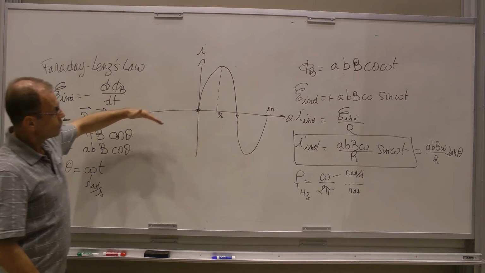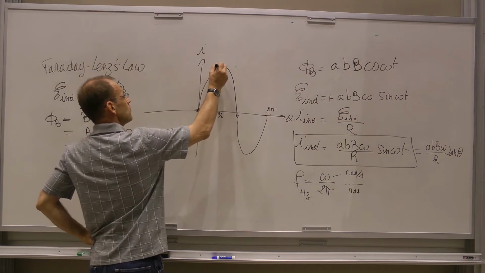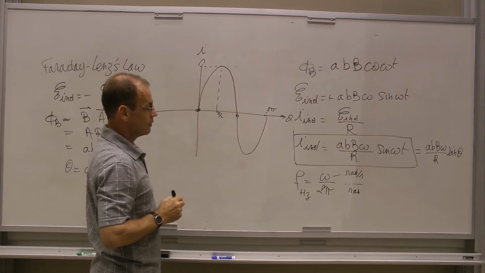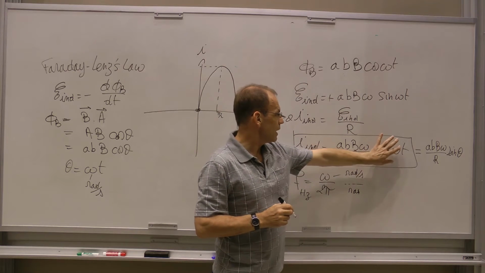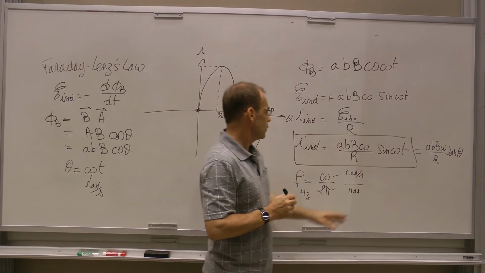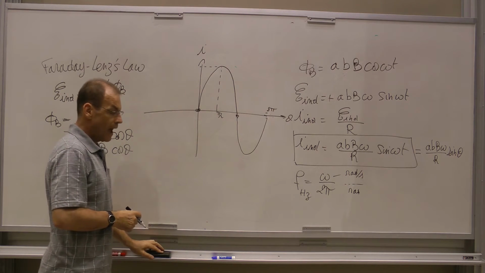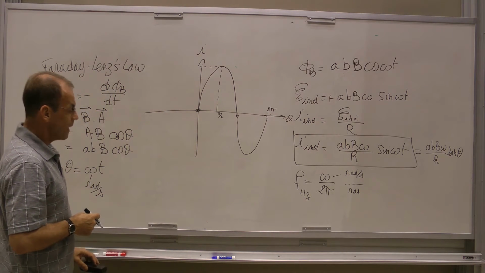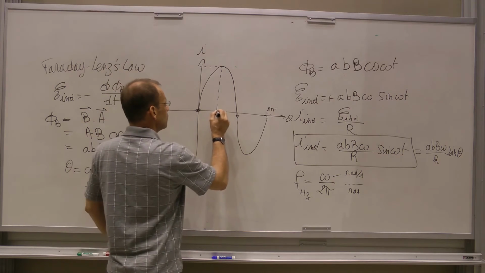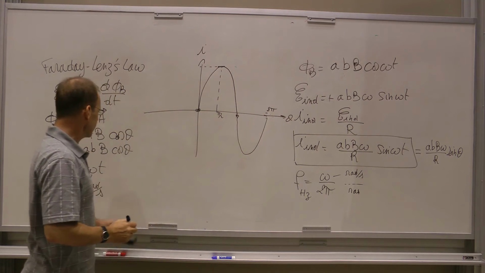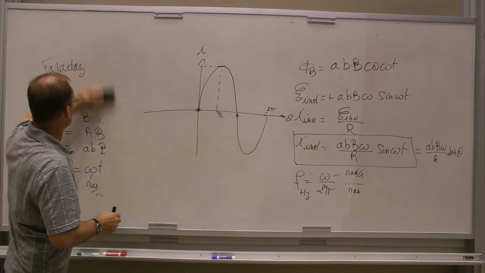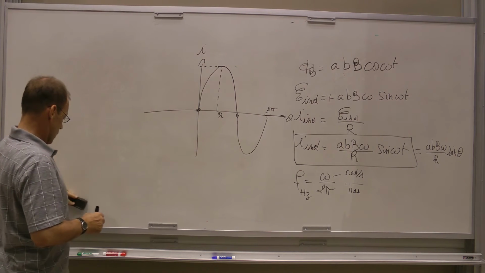So we see that the current oscillates between a maximum value, I max, which corresponds to sine omega t equals 1, to a minimum, an opposite value of I max. What is interesting is this point. The current is maximum when the loop is at 90 degrees compared to the origin.